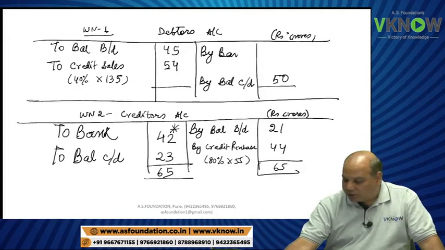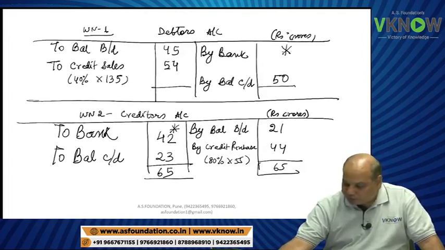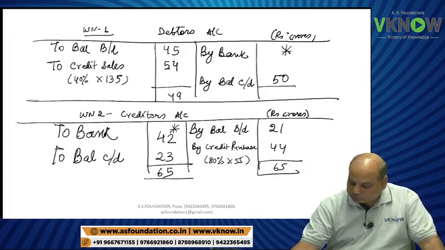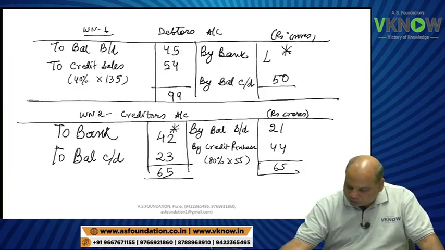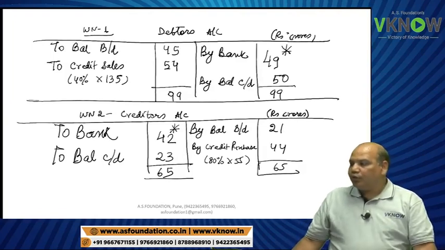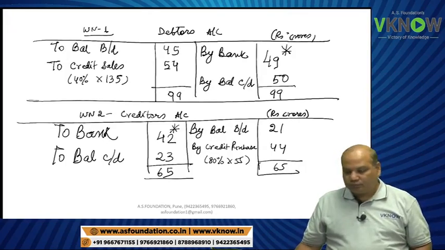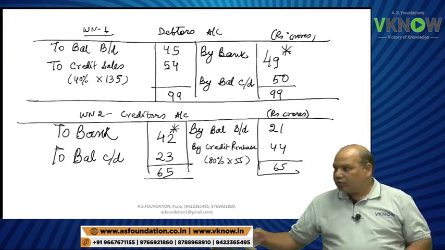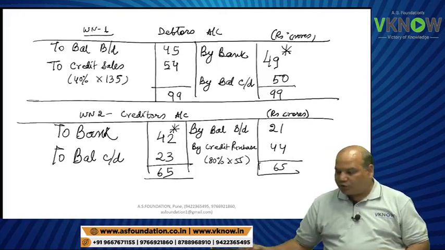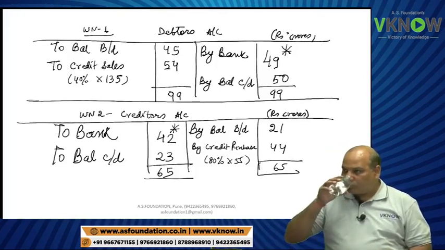Try by bank, balancing figure, 49. 49 crore is the collection. Check the answer. 49 crore is collection, 42 crore is payment.